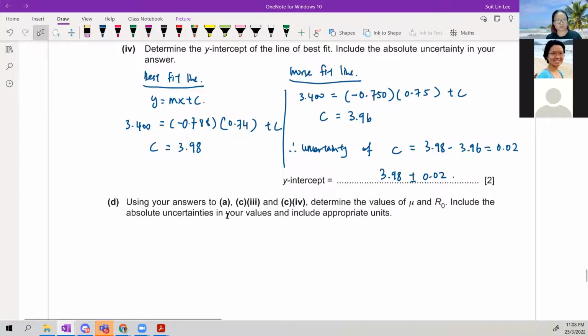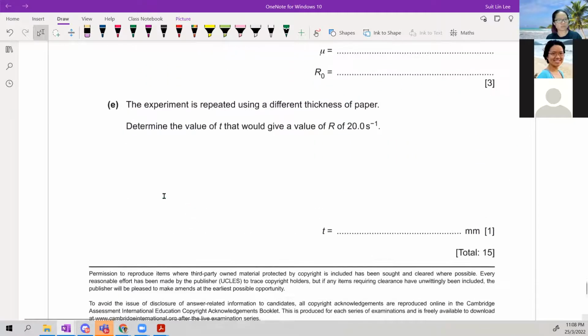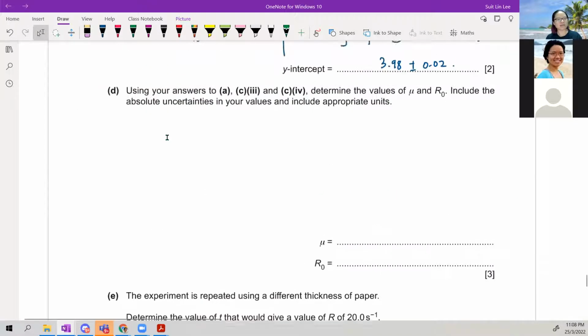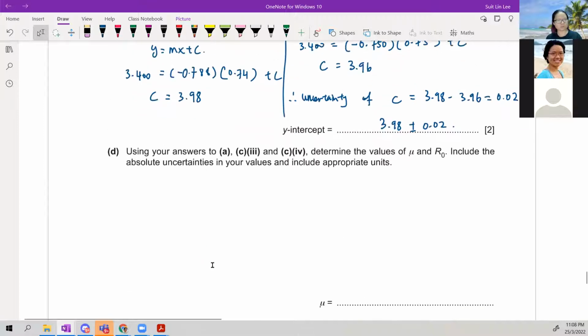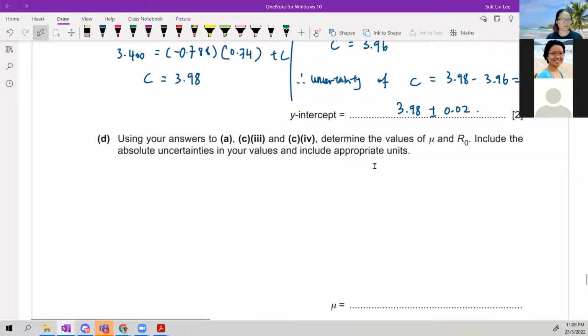All right. So use all the calculations that you did, determine the values of mu and r naught, include the absolute uncertainties and appropriate units. Okay, so let me see what part E is. Okay, so this one is calculation. I think we'll do this part first. So now that you have the gradient and y-intercept, we can rewind time and go back to A. From A, gradient was negative mu.